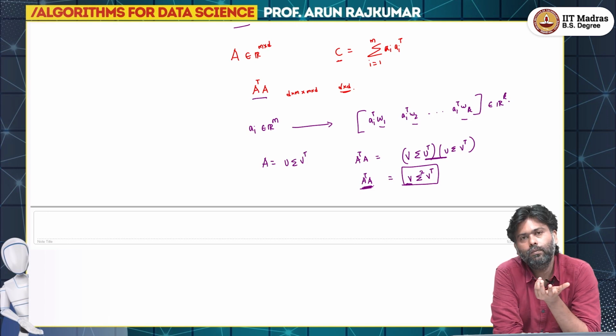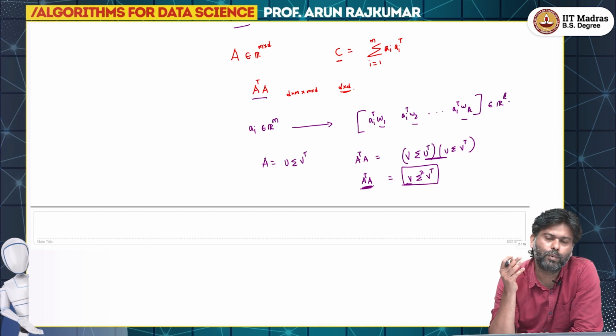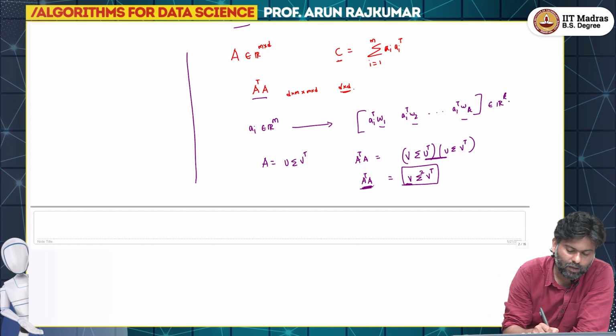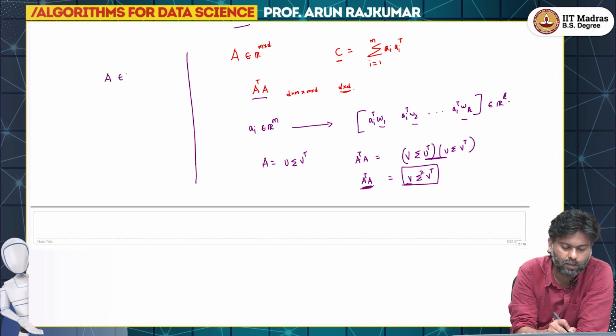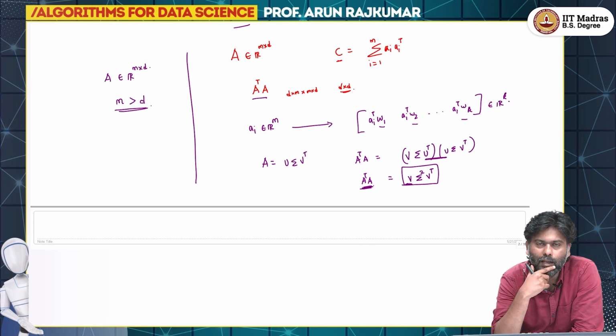Now the question is, how much time would it take to do singular value decomposition? Well, that depends on the dimensionality of the matrix itself. In general, if A is M cross D, and M is roughly like D, then you are going to take order of M cubed to do singular value decomposition.